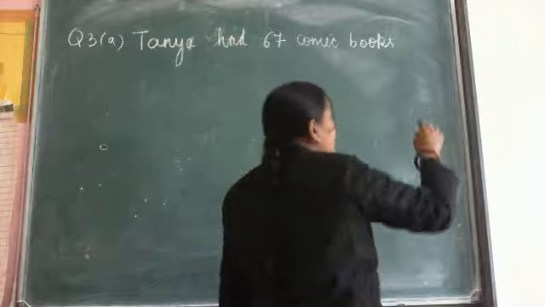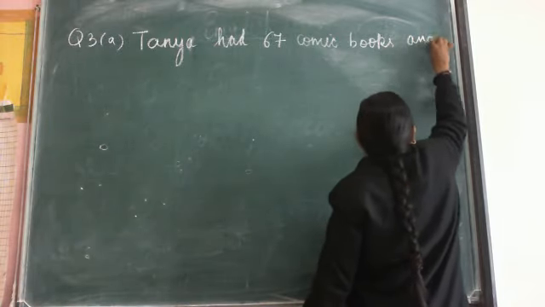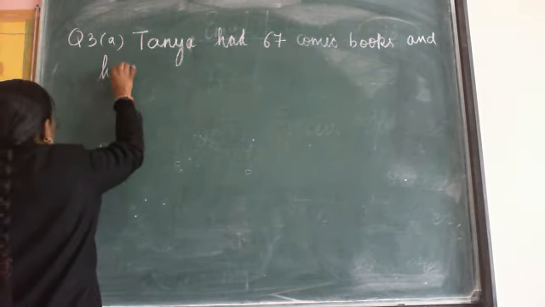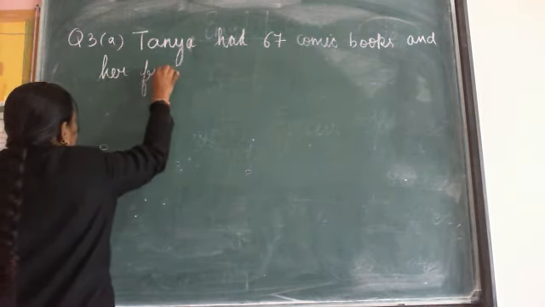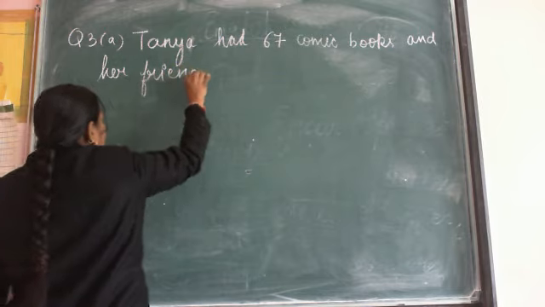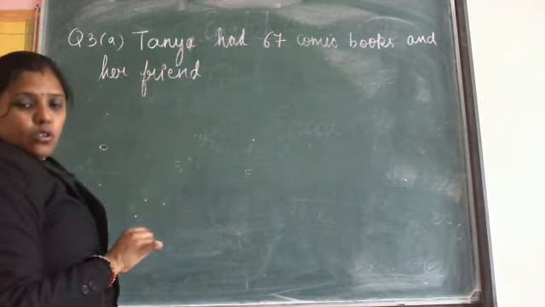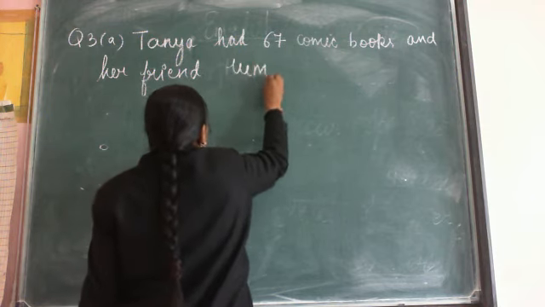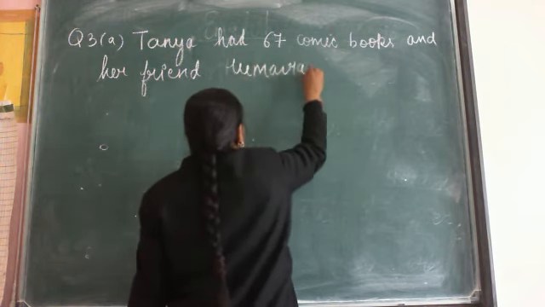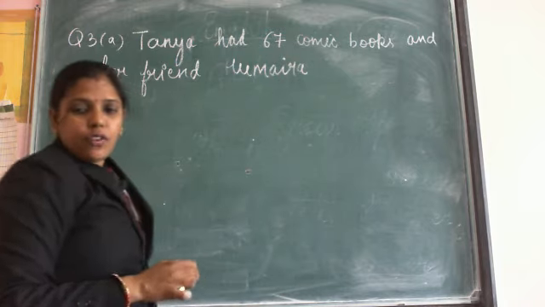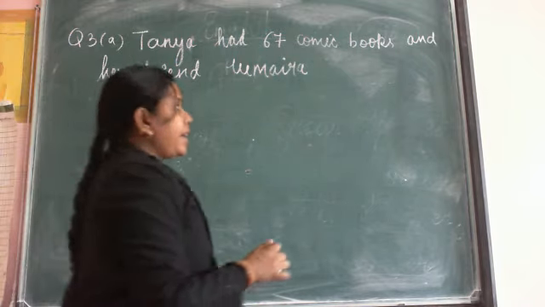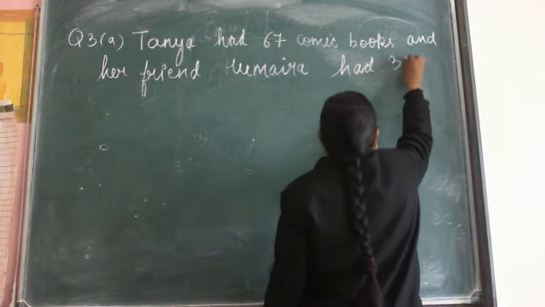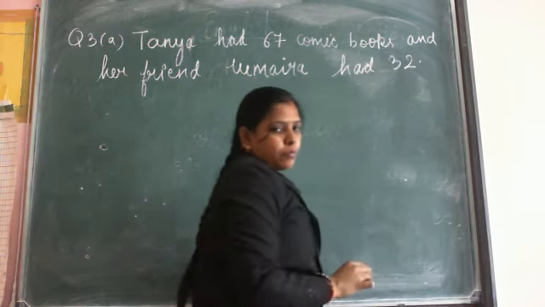And her friend Humaira, H-U-M-A-I-R-A, had 32. Full stop.